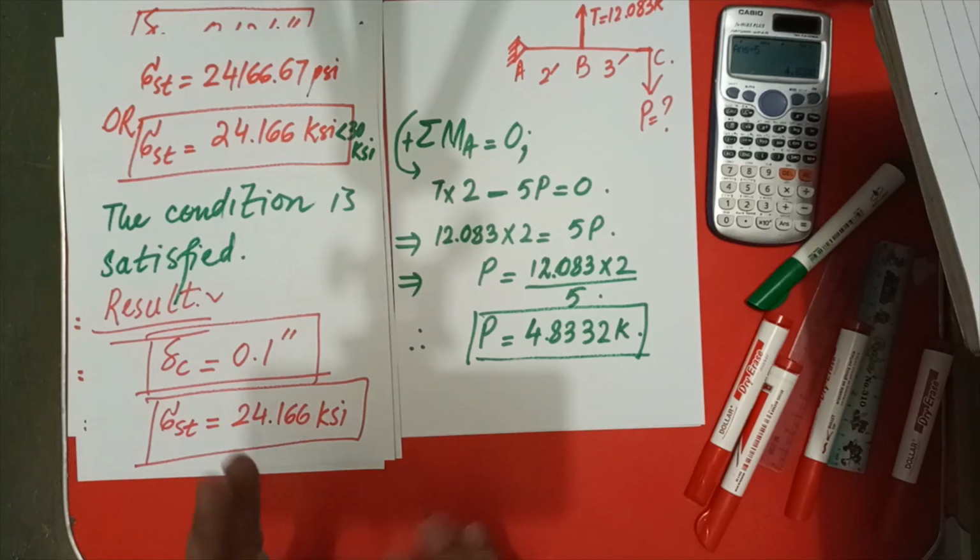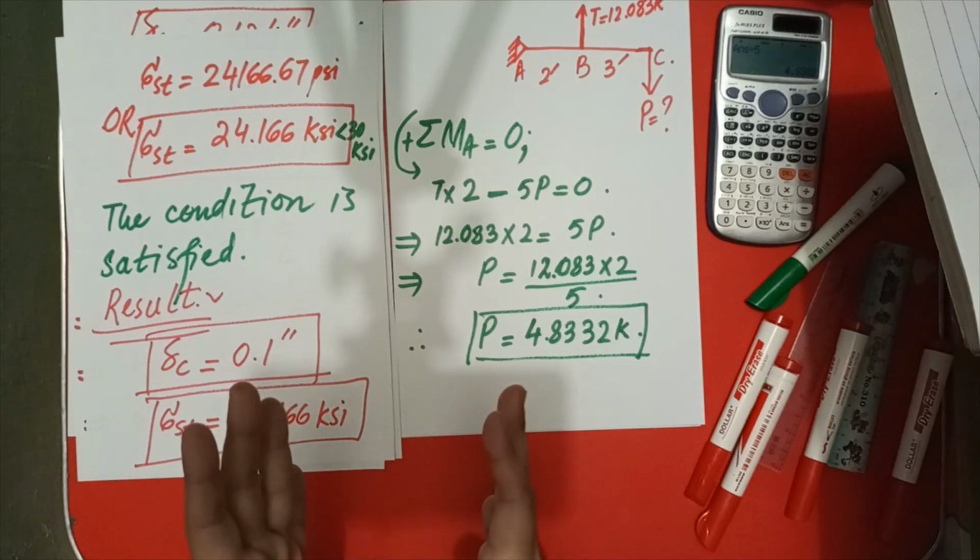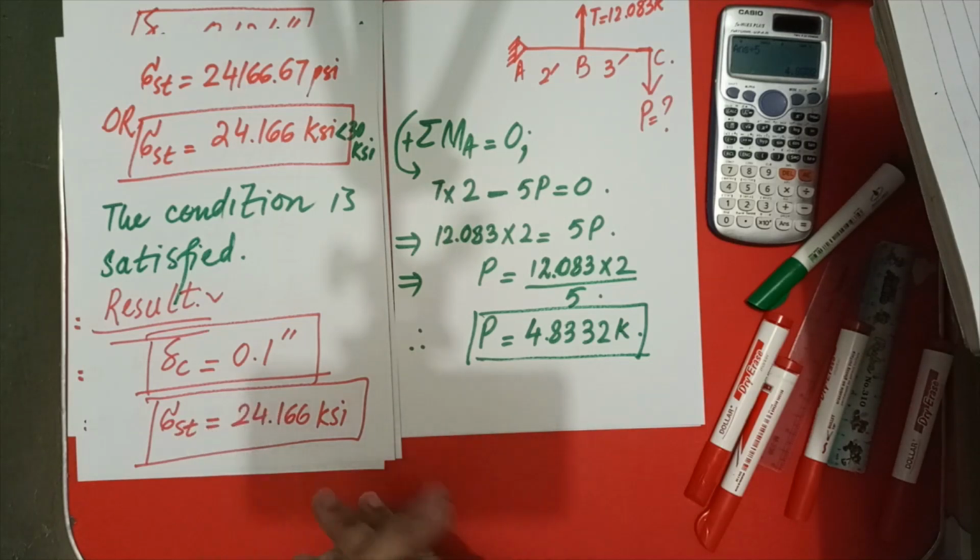This question can be lengthy, and this question can be shortened. For example, if you take the first condition and take stress T first, assuming that it is 30 ksi and your condition is satisfied, then your question is solved. After your condition is satisfied, you have to find out the value of P. Or if in the first attempt your condition is not satisfied, you have to assume another value.